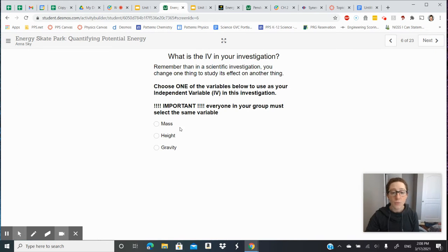Now, hopefully we will have a good mix of folks who are doing mass, height, and gravity within this group. I'm going to let you go ahead and decide what it is that you want to change. So if you are selecting mass, you will be changing the person's mass on the skateboard and looking at how that affects the potential energy that they have.